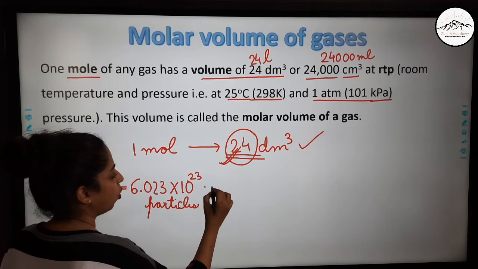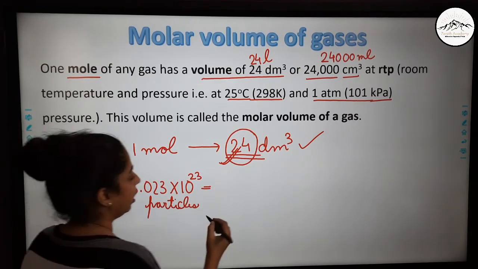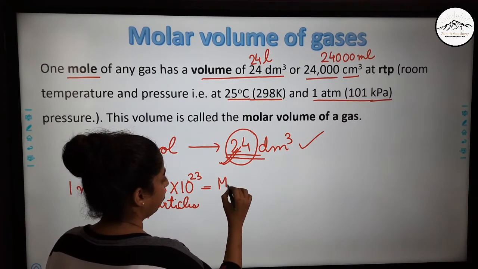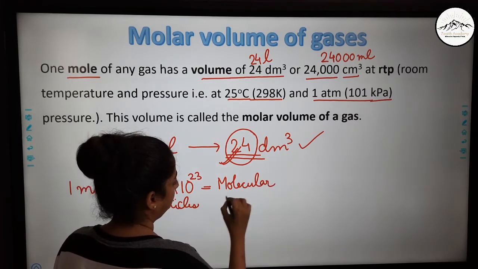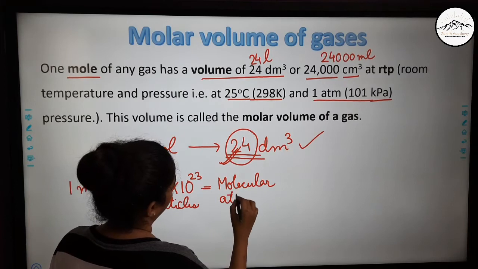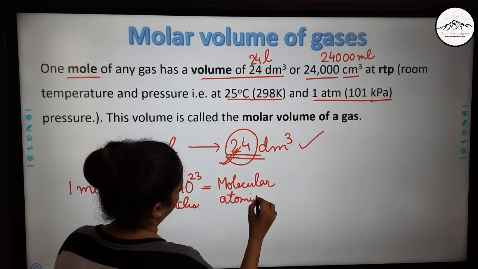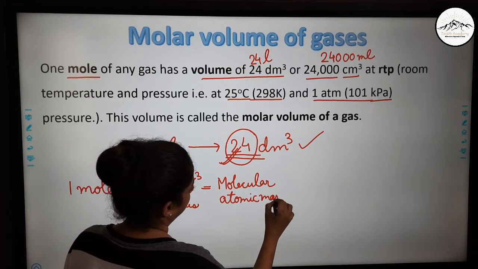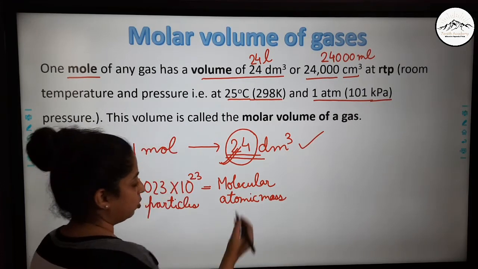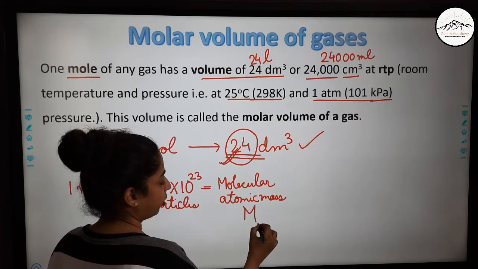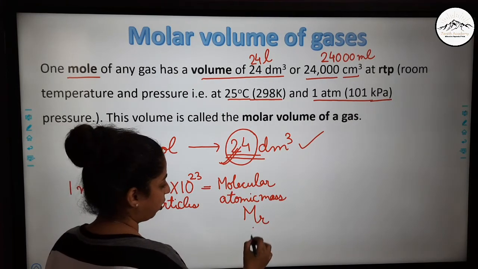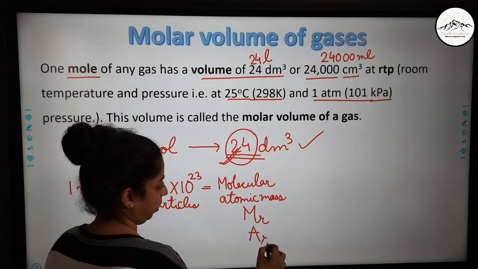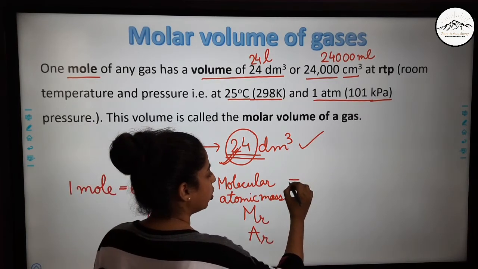Now this is also equal to its molecular or atomic mass. So we can say it is also equal to relative molecular mass or relative formula mass or relative atomic mass, right?